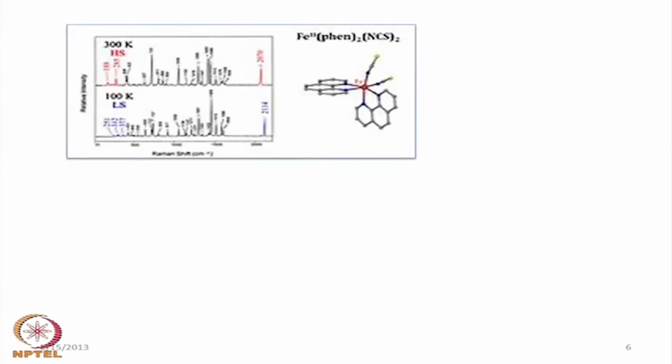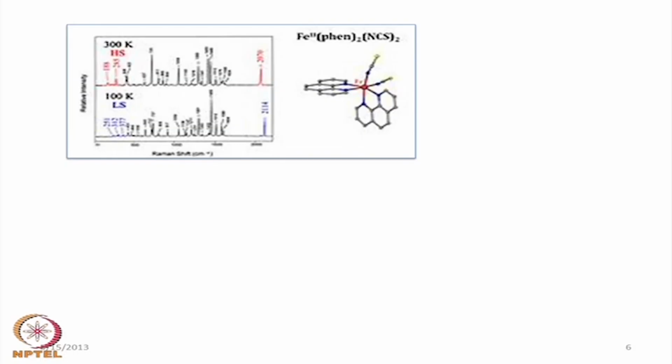So, what we see is the same thiocyanate compound, with 2 phenanthroline and 2 thiocyanate groups in the cis position, and we can have the corresponding stretching frequencies. The figure is not very clear, but we are looking at some of these stretching frequencies for the iron-nitrogen bond from thiocyanate, and within the thiocyanate also, as we have seen for carbon monoxide.